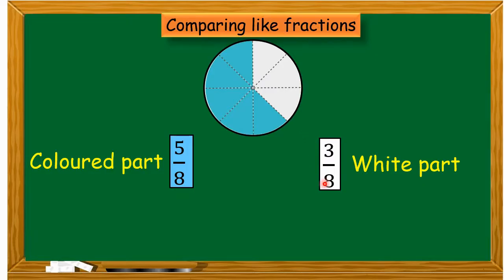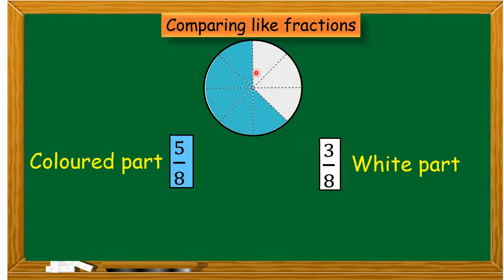Now, let us look at these two fractions. As their denominators are same, these two fractions are like fractions. Let us look at the numerators here. The numerator 5 is greater than the numerator 3.